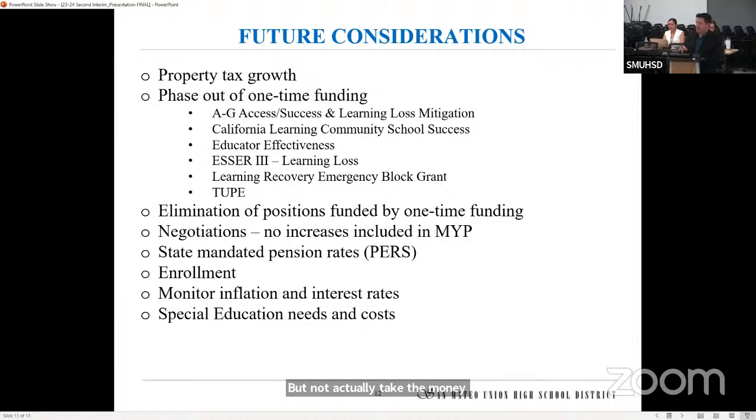And so it's definitely a novel idea. The LAO has come out very aggressively against it. But in some ways there are positives to schools, because it means a rebenching of Prop 98 without taking that money away.